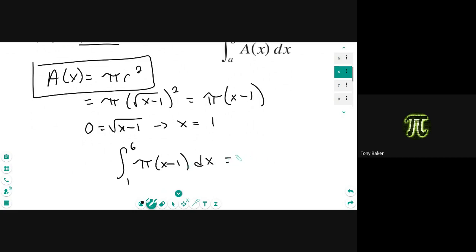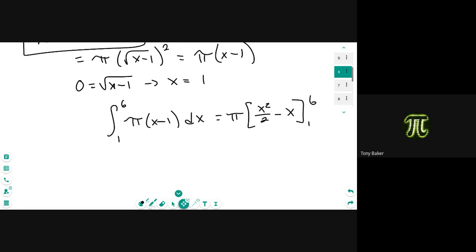So we can pull the pi out. The integral of x is x squared over 2. The integral of 1 is x. And we're evaluating it from 1 to 6. So 18 minus 6, minus 1/2 minus 1.